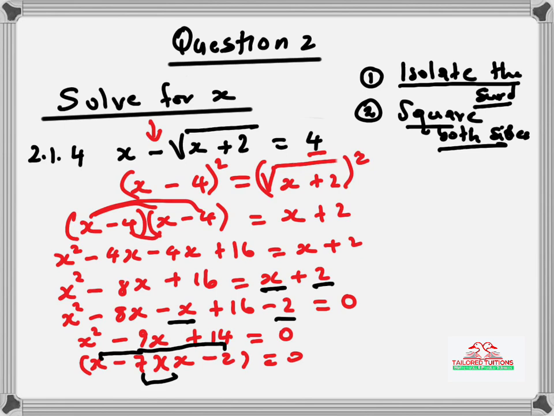That means your factors are correct. Okay, all right, so now we have the factors x minus 7 and x minus 2. So the answers are x equal to 7 or x equal to 2.